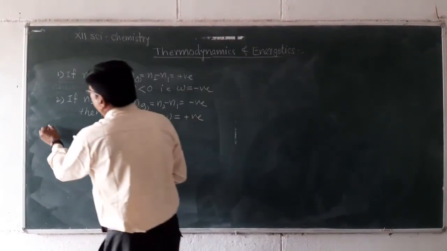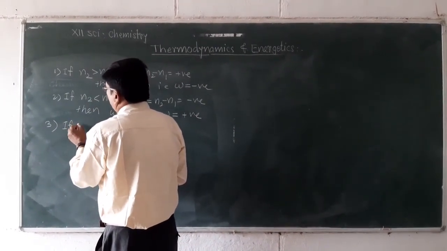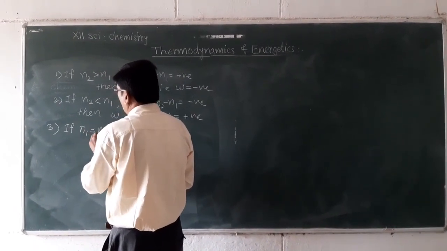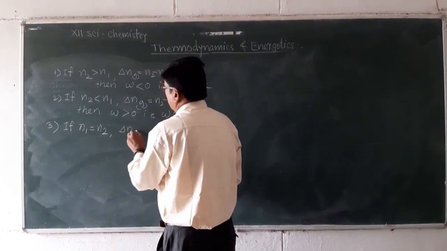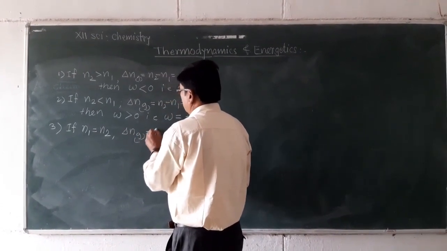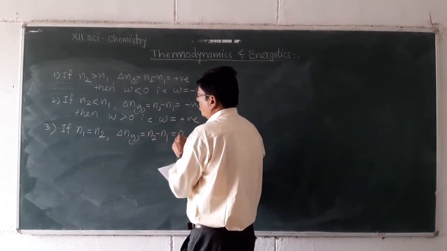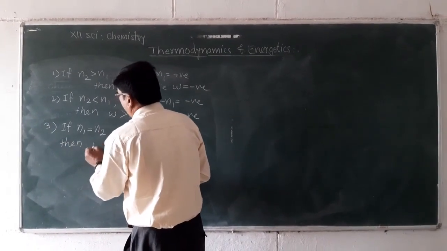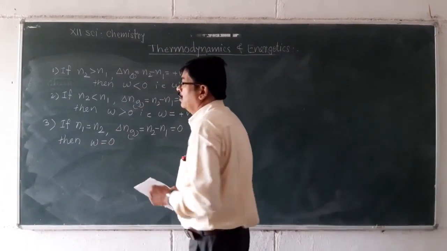And third point, if N1 is equal to N2, then delta Ng, meaning N2 minus N1, will be equal to 0. Then W will be equal to 0. Thank you.